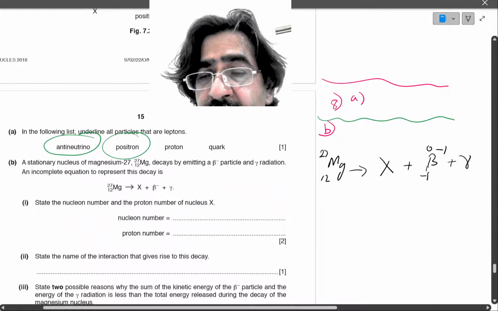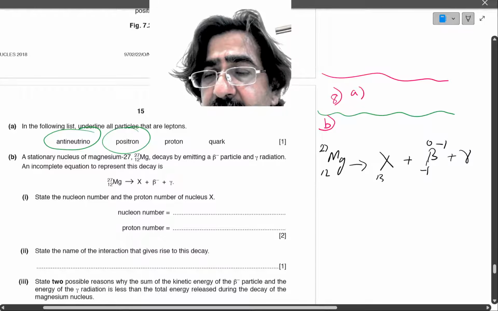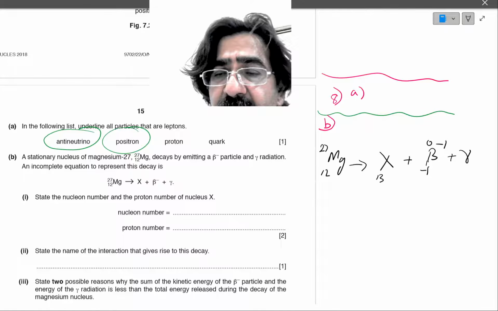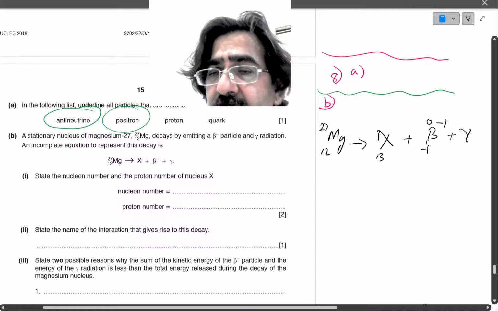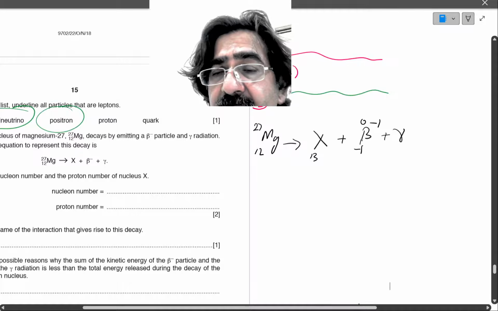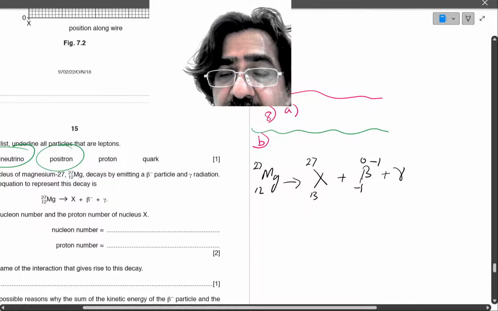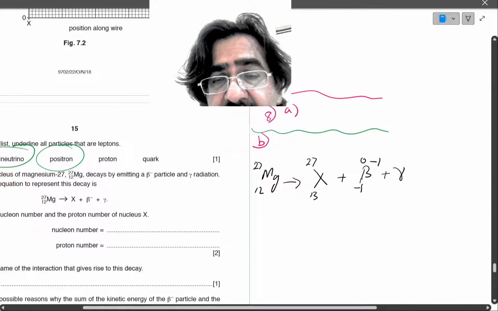So mass number will be increased by 1. 12 plus 1, so that will become 13, and there will be no change in the other. So the atomic weight will be 27.